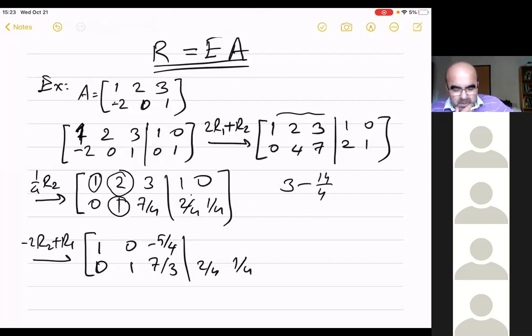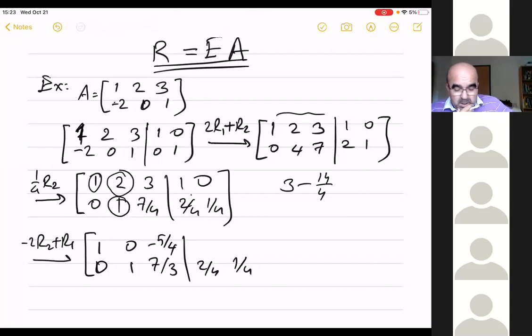Konsantrasyonum kayboldu. Hocam -1/2 olması gerekiyor. Neresi? Burası mı? Evet. No, it is -1 minus -2 times 2/4 is 0, right? Isn't that true? Ve -5/4 kısmı olması gerekiyor.